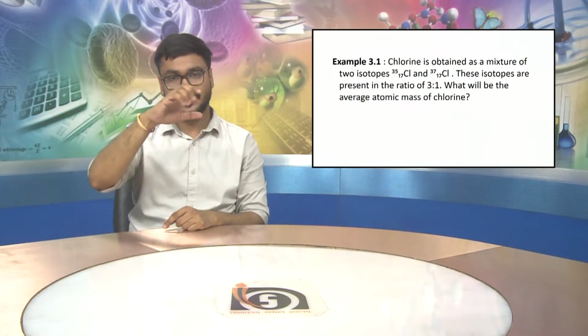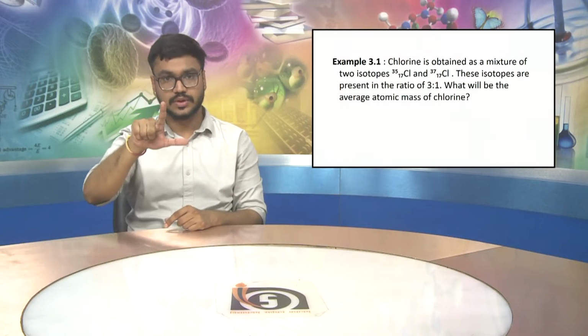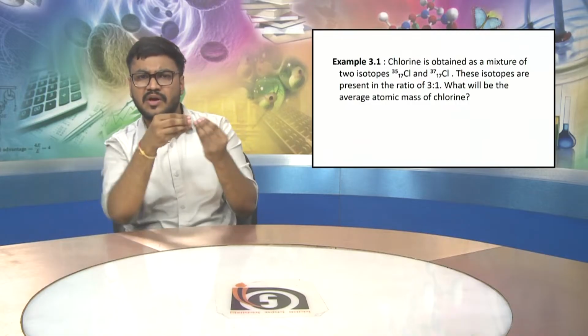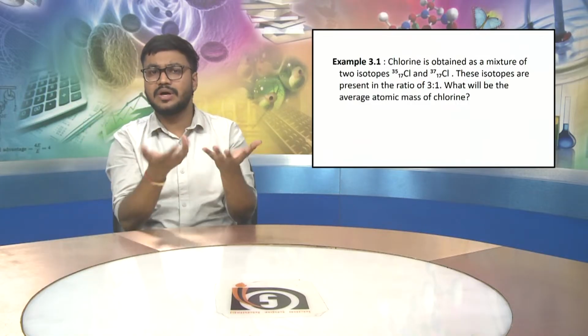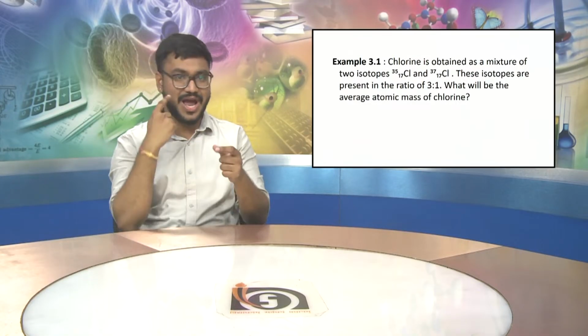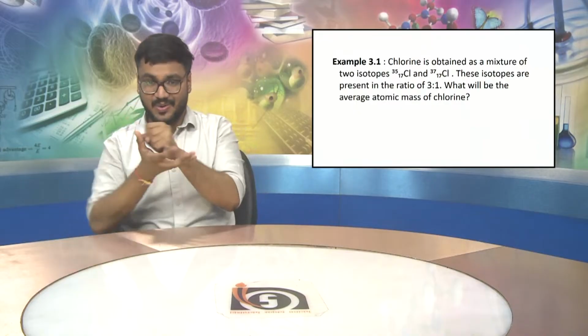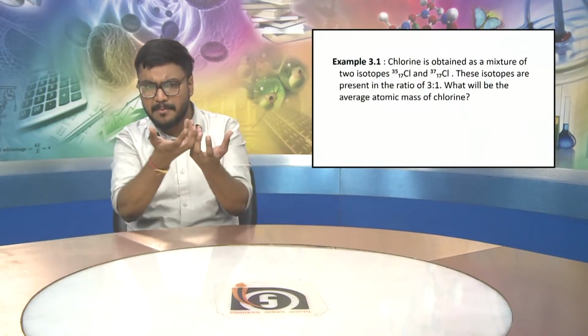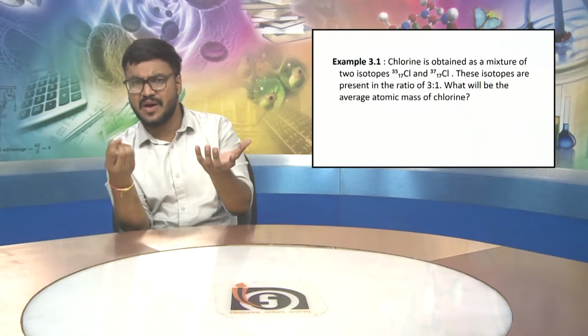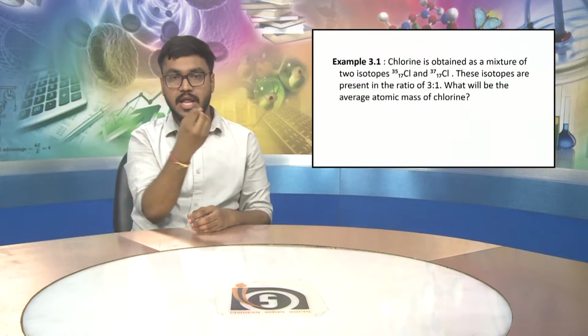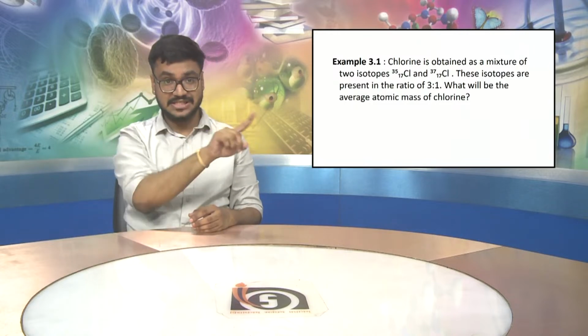For example, chlorine is obtained as a mixture of two isotopes, and these isotopes are present in the ratio of 3:1.